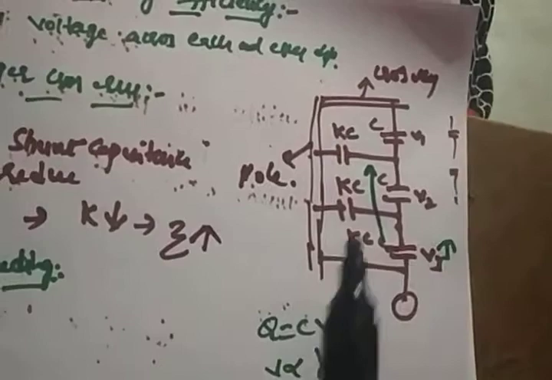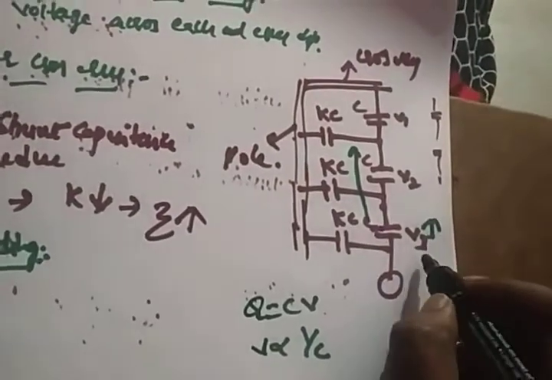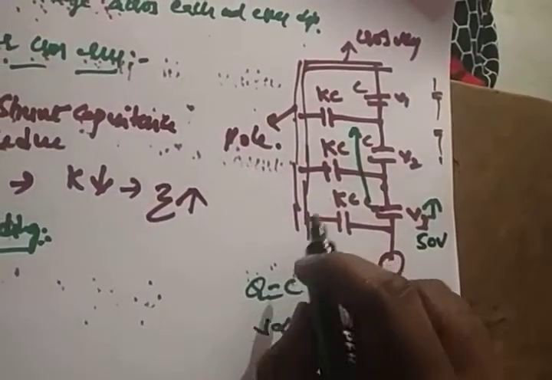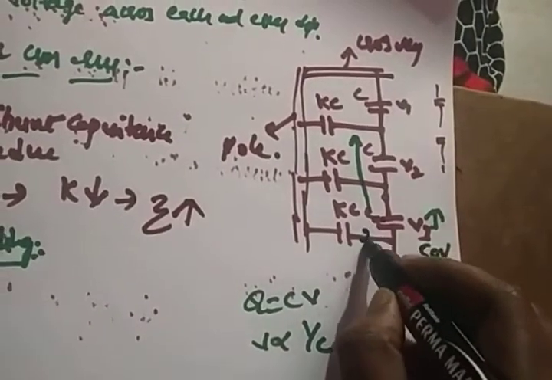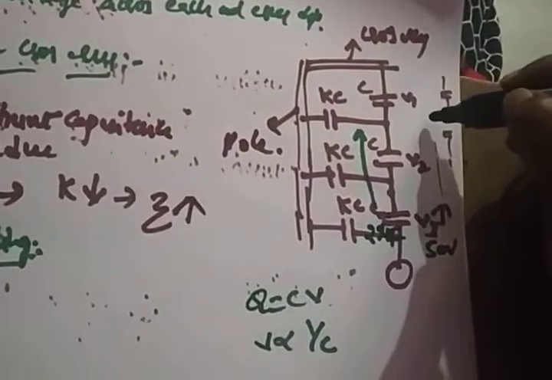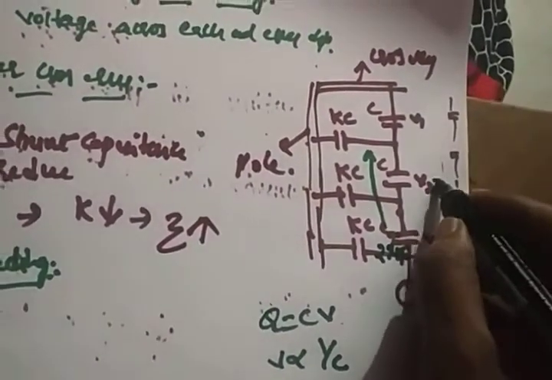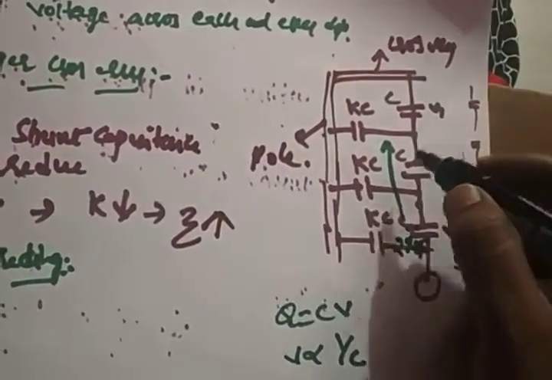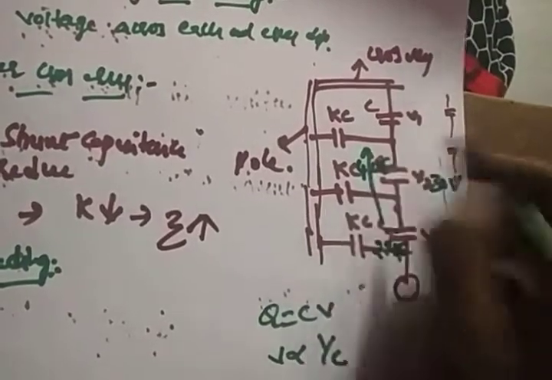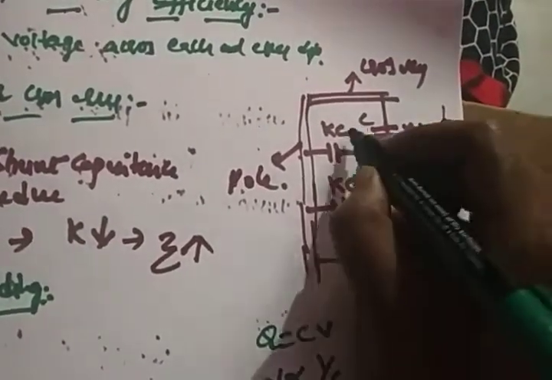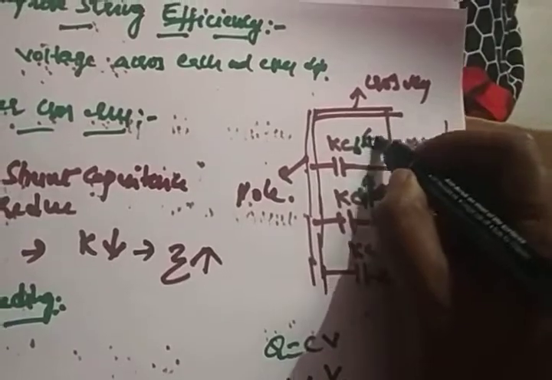Suppose if the voltage here is 50 volts, you maintain the capacitance very less, 2 microfarads. As it goes on, your voltage is going to reduce. If it is 30 volts, you increase your capacitance to 4 microfarad. If it is 10 volts, you increase your capacitance to 6 microfarad.